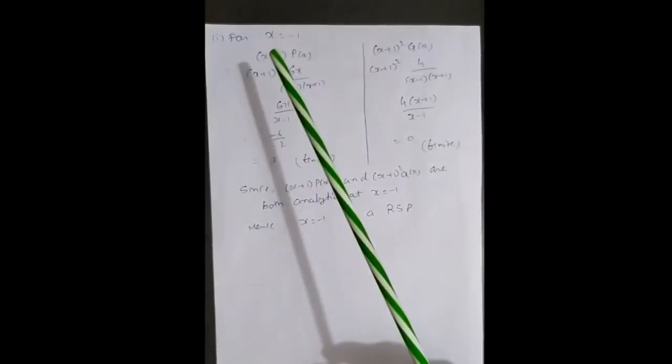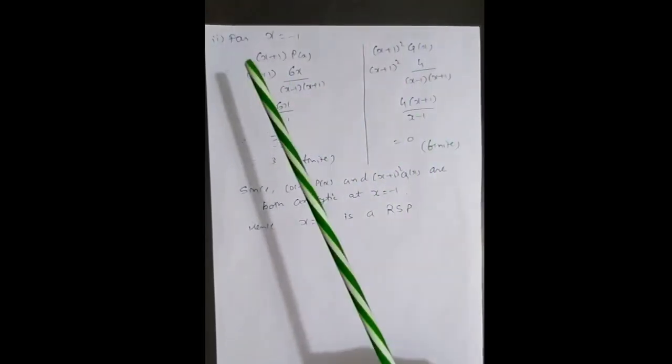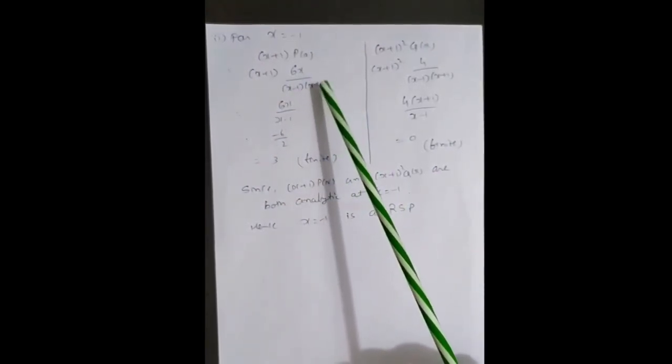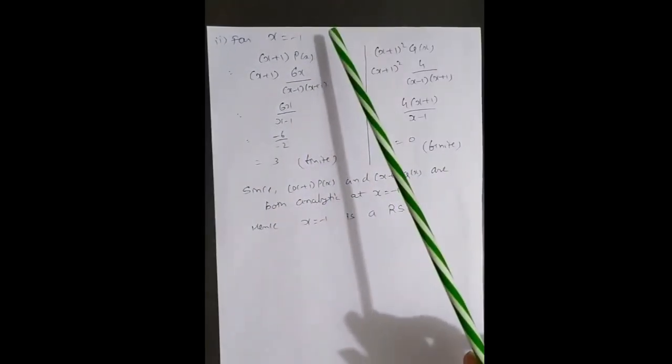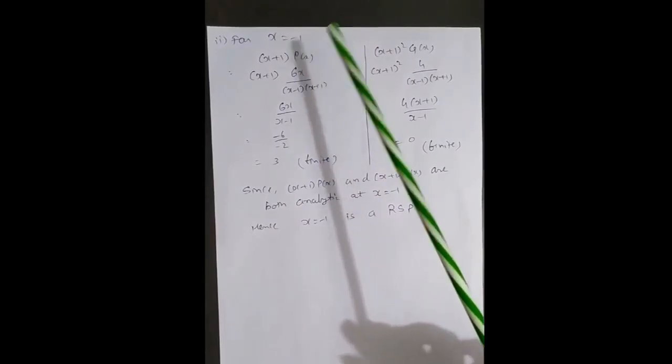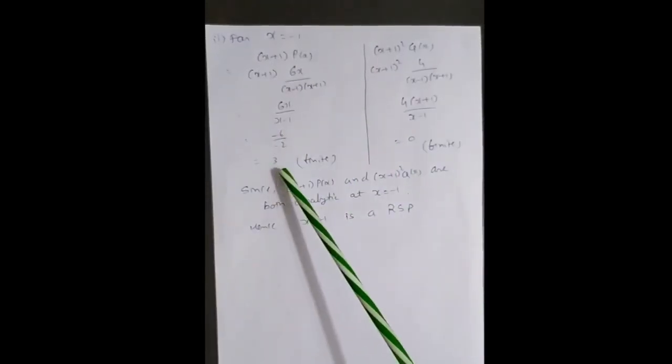Similarly, for x = −1, consider (x + 1)p(x). Put p(x) = 6x upon (x − 1)(x + 1); x + 1 cancels out, and the remaining term is 6x upon x − 1. Put x0 = −1, then we get 3, which is a finite answer.